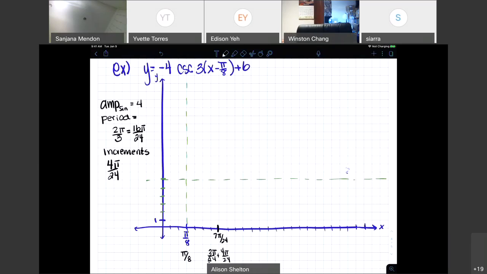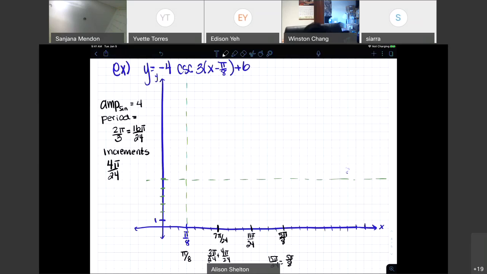And then we go another 4. 1, 2, 3, 4. 7 plus 4 is 11 pi over 24. Then we're going to go another 4. 1, 2, 3, 4. That gives me 15 pi over 24. And if you want to make this really pretty, divide the top and bottom by 3, and you get 5 pi over 8 right here.